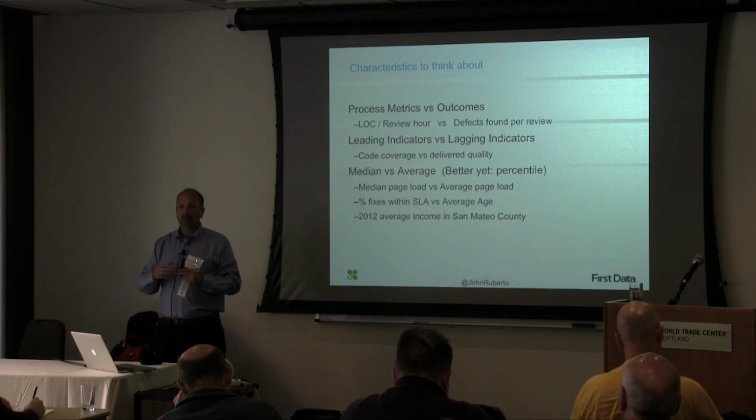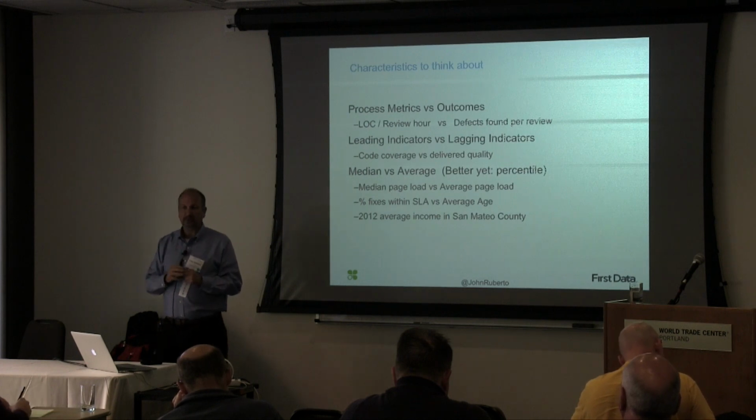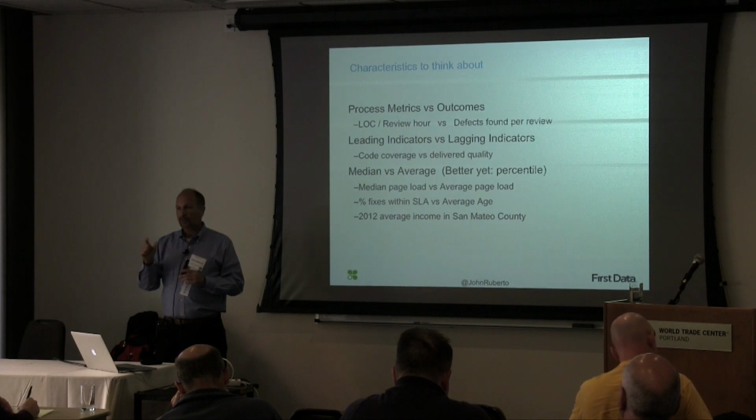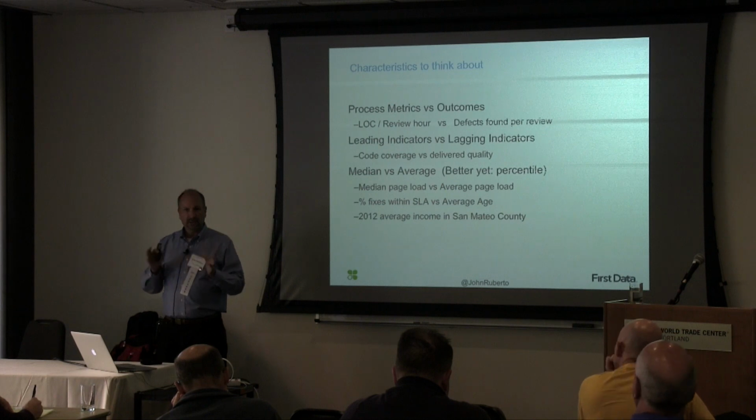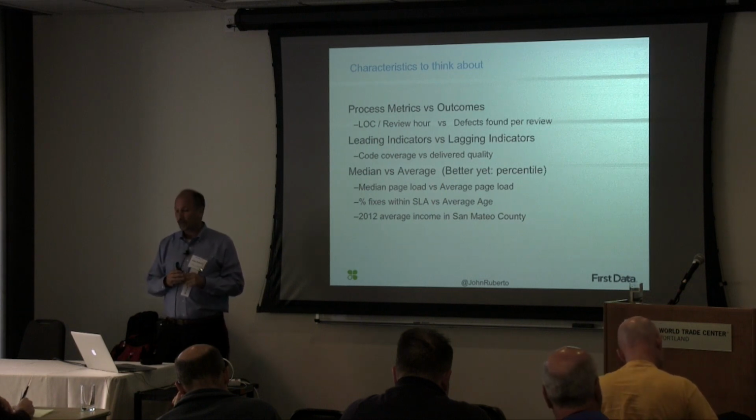So it's much easier to communicate to your stakeholders, hey, we've got a problem, because 5 seconds is the page load time for 95% of our users. That's an easy conversation to have. Talking in terms of averages and standard deviations is a little bit more difficult to have with your stakeholders.